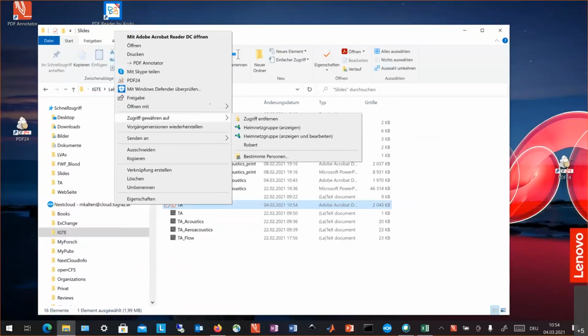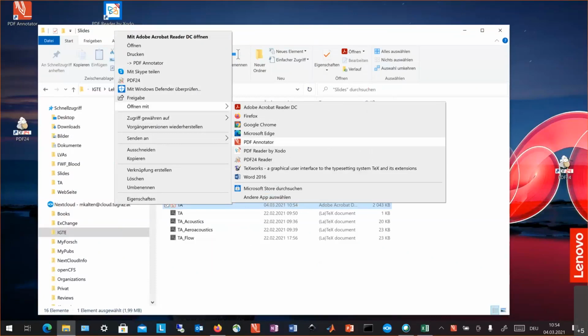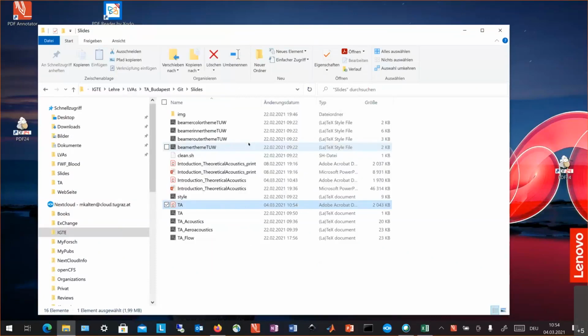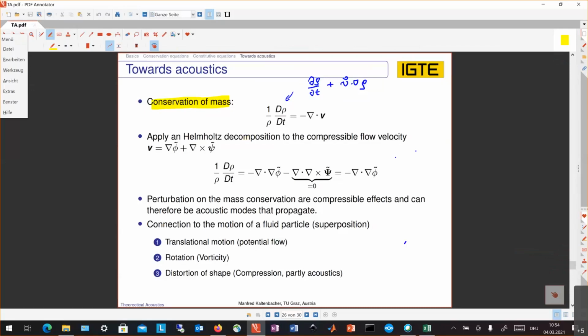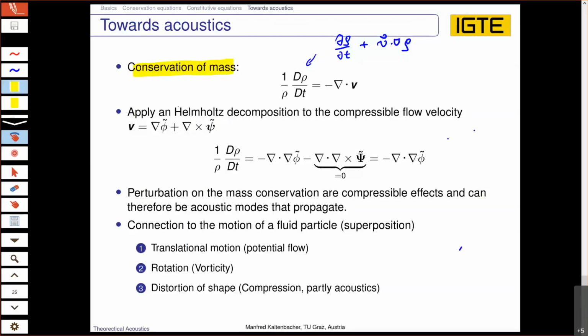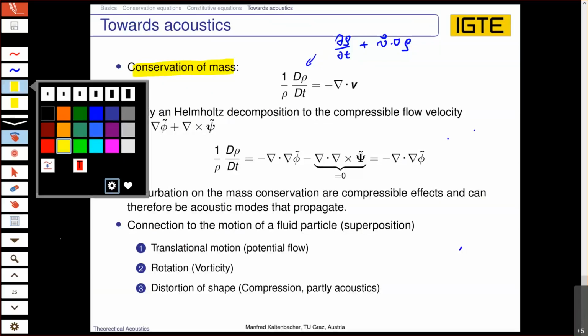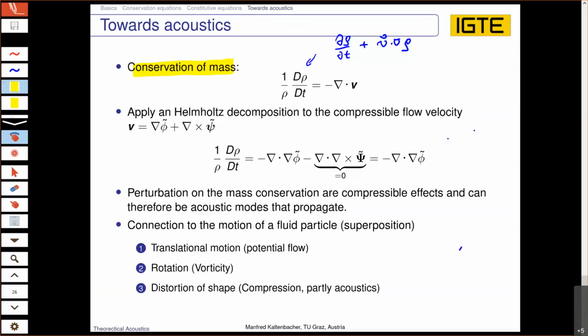So I have to reopen it, and hopefully it works. Perhaps I have to synchronize it again.